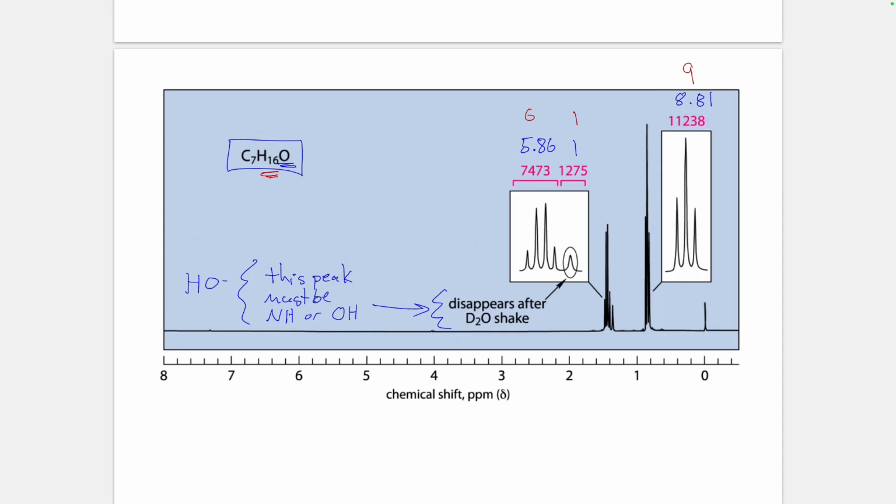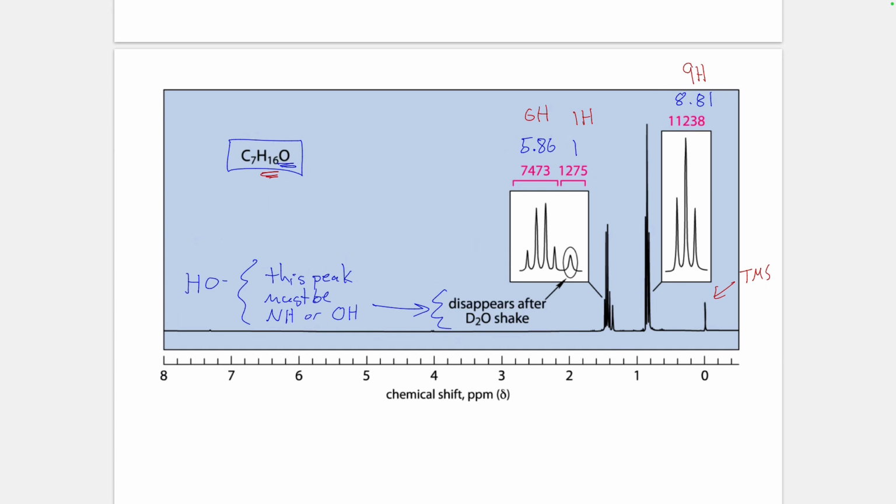So that's helpful. We know we have 6H in the leftmost signal, 1H in that middle signal that disappears, which is due to OH, and 9H of this other type. And we also have TMS, tetramethylsilane, the internal standard. All right, let's see if we can figure out what kind of splitting pattern we're seeing here.